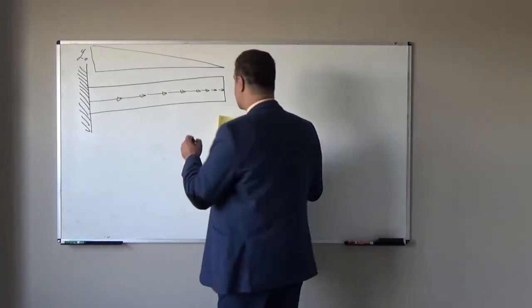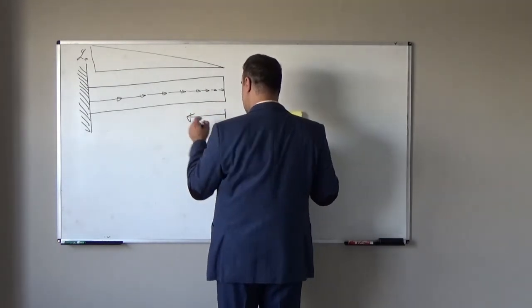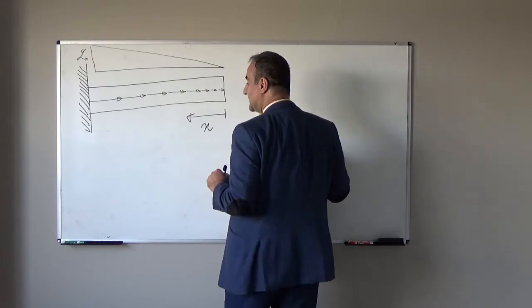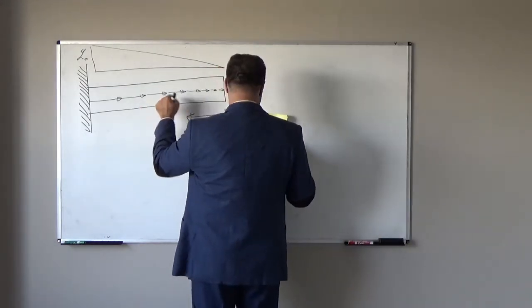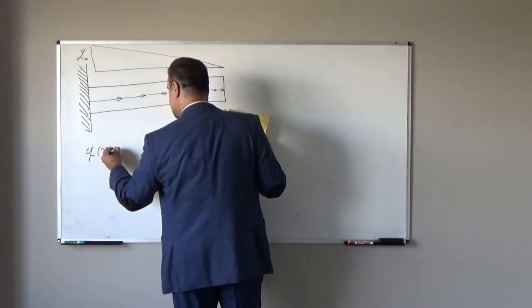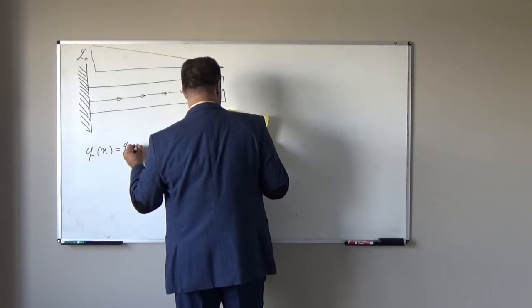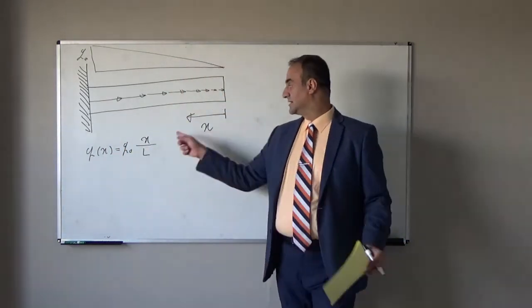So it is function of x. We measure x from free end. This non-uniform axial distributed load Qx is equal to Q naught x over L. At free end, x is equal to 0.